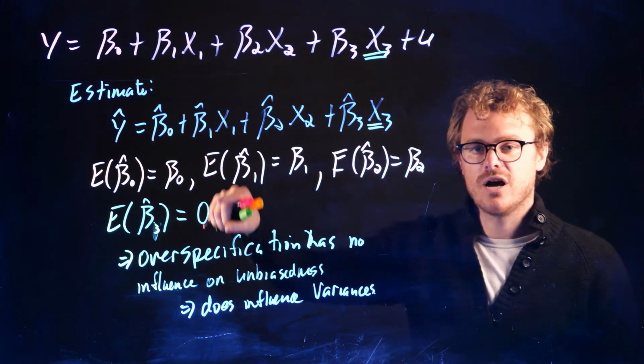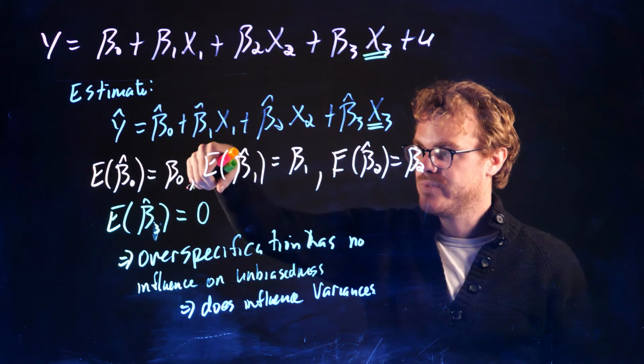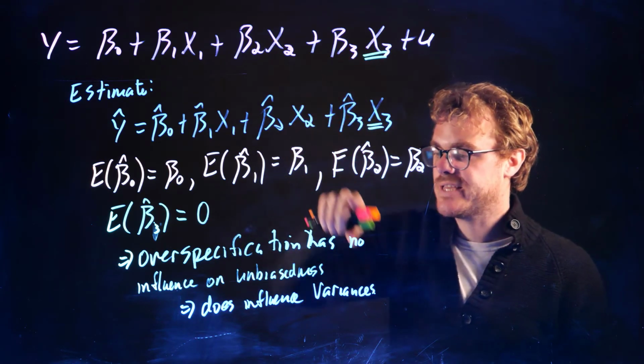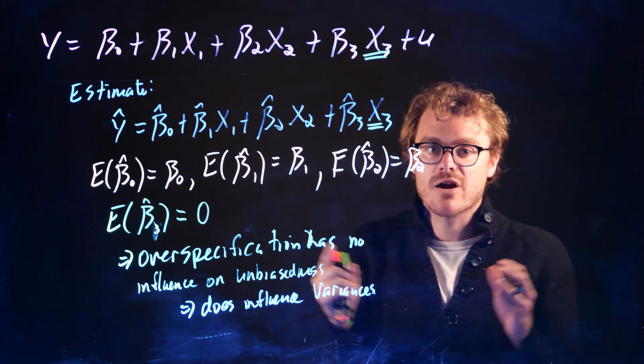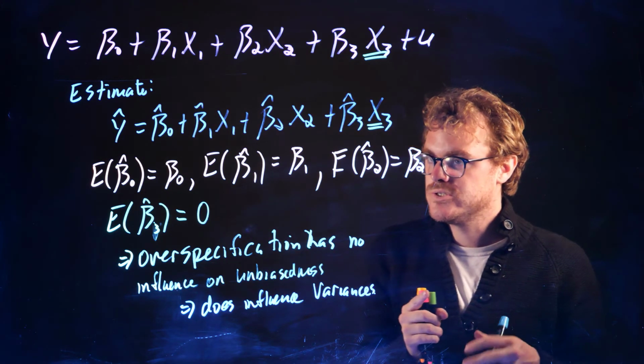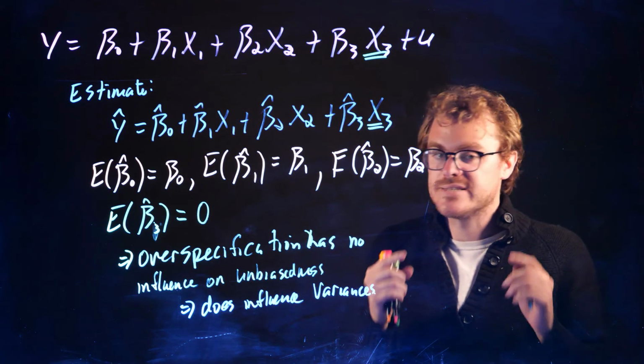So that's where it's going to cause a problem. In expectation, we're still getting the true value. So unbiasedness is not an issue when it comes to overspecification, but it is going to influence the variance of these estimators, right? And we want the variance to be as small as possible. So if including these x3s blows up the variance or makes it larger, that's going to be an issue.